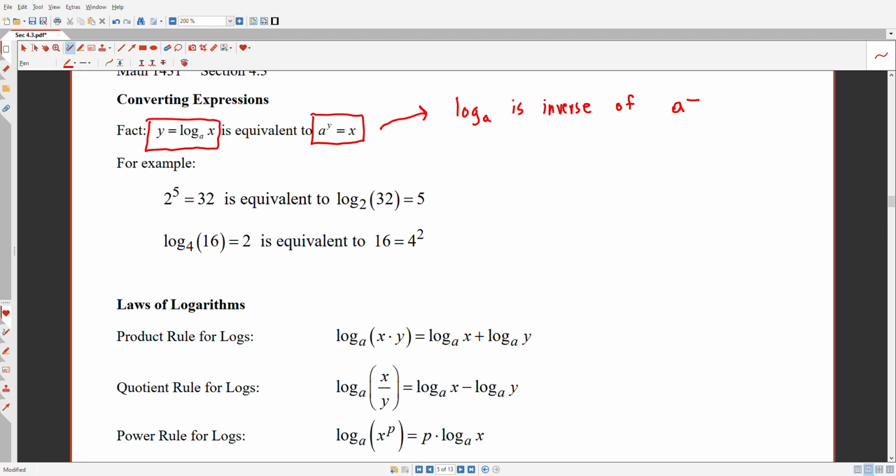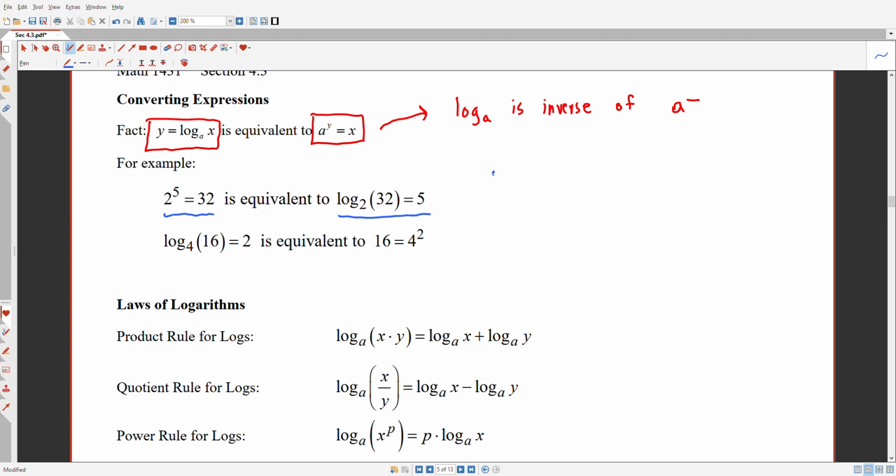So this example down here is a pretty good one to pick on. 2 to the 5th equals 32. We can take out a scrap sheet of paper and multiply 2 against itself 5 times and see that that's correct. The point is, we can rewrite this equation using logarithms.